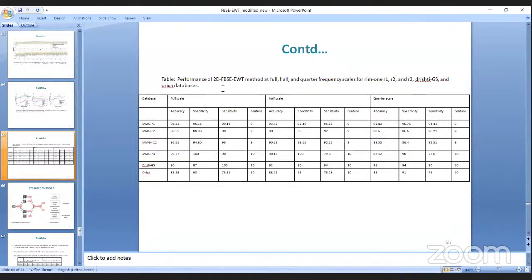You can see the performance in terms of accuracy, specificity, and sensitivity in percentage for the different databases at full, half, and quarter scale. The purpose was to find out which scale is better for the automated classification of glaucoma disease based on fundus images.